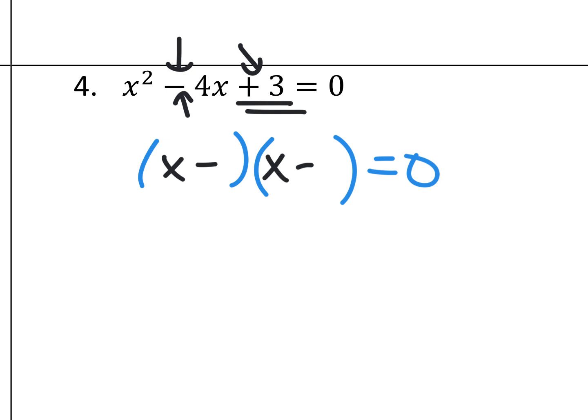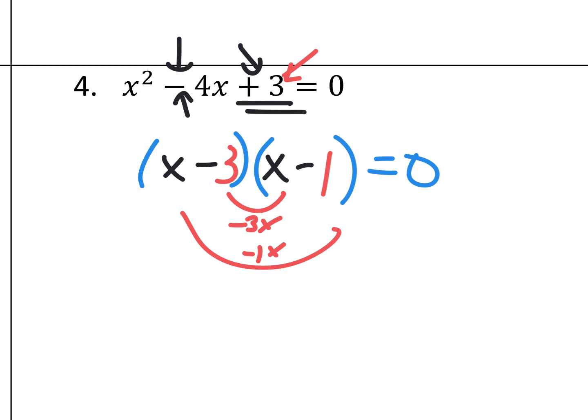And then, Iris, final answer? X minus 3 and X minus 1. Yep, because those two multiply to that. And when I do the whole thing out, the outside and the inside, makes negative 4x. Cool. Factoring's nifty, but it's not the answer. Brady, final 2 answers.